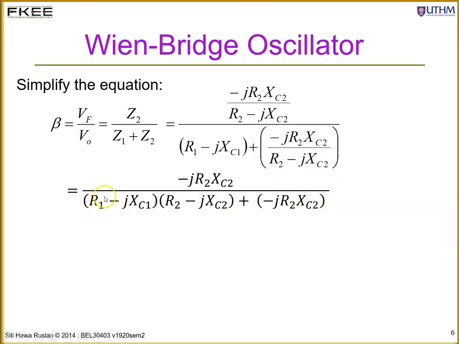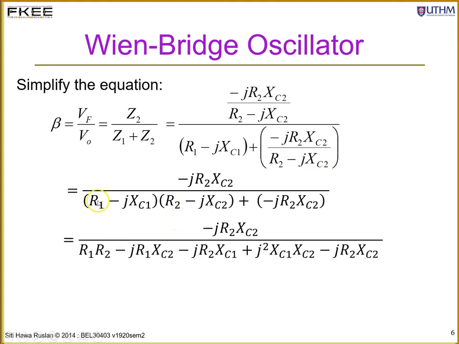So you open the parentheses for this. R1 multiplied with R2, and then R1 multiplied with minus JXC2, minus JXC1 multiplied with R2, minus JXC1 multiplied with minus JXC2. Minus minus is plus, J times J is J squared, XC1, XC2, and plus minus JR2XC2 becomes minus JR2XC2.